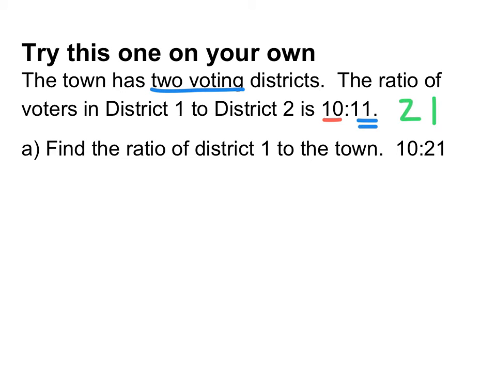Now, if there were 3 or 4 voting districts, you wouldn't have enough information to answer this question. But because there are only 2 voting districts, you know that there are 10 in the first for every 11 in the second, which means there are 10 in the first for 21 in the town.